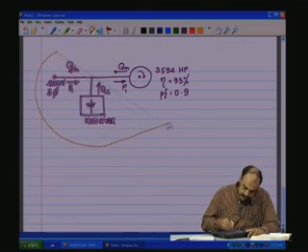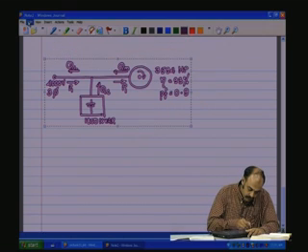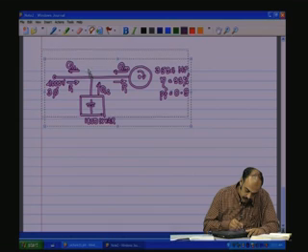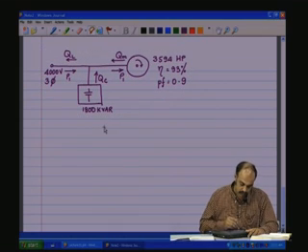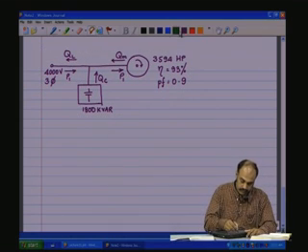Now, let us try to analyze this system. Let me copy this, let me push it a bit up, so we have more space. Okay.